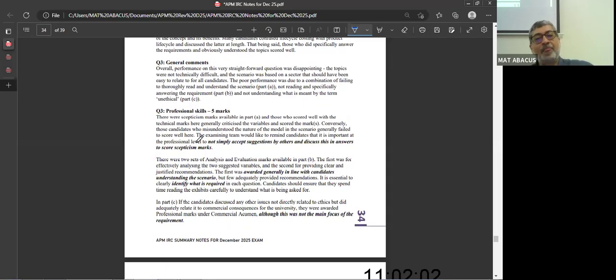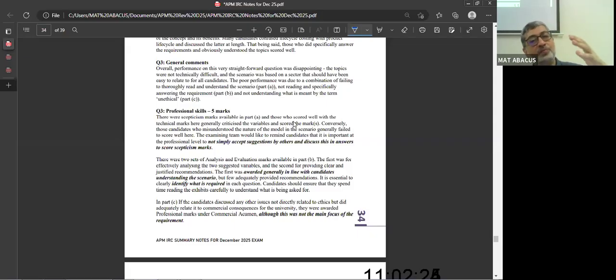Okay, now this is something I had highlighted in 1 or 2 questions. Sometimes the examiner will try to lead you. There were skepticism marks available in part A, and those who scored well, this is for question 3, with the technical marks, generally criticized the variables and scored the marks.